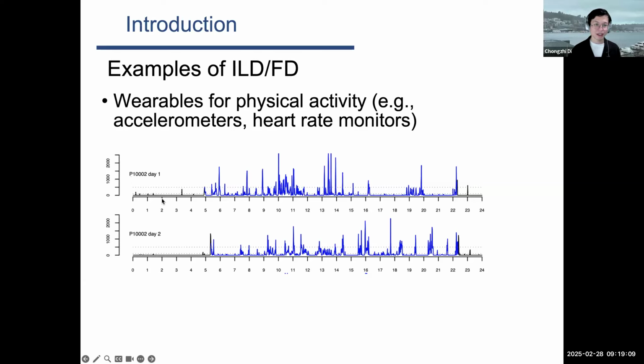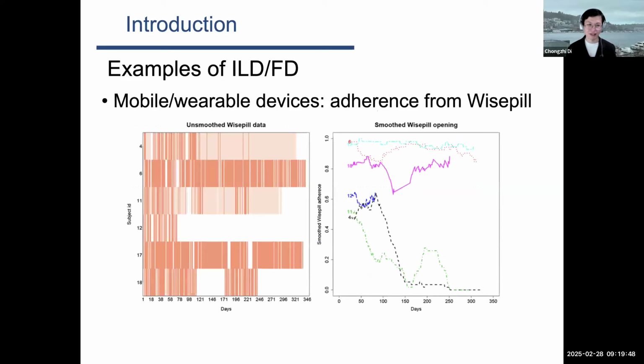The data were downloaded in so-called 1-minute epochs, meaning you get one number for each minute, summarizing the activity level within that minute. Every day has 24 hours, so that's about 1,400 time points per day. We also typically ask people to wear the device up to 7 days, so everybody has about 10,000 observations. This is again intensive longitudinal data or functional data.